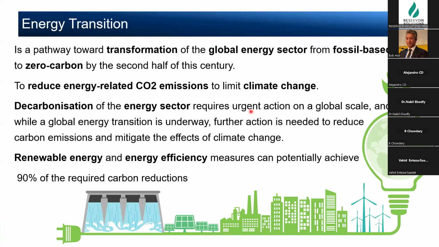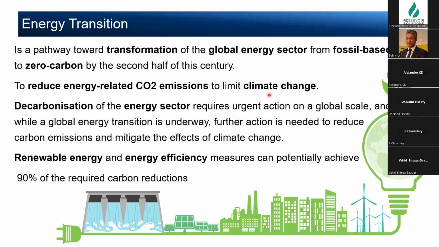What is energy transition? Energy transition is a pathway toward transformation of the global energy sector from fossil-based to zero carbon by 2050. So the aim is to reduce the CO2 emissions and limit climate change. So this is the aim of energy transition.